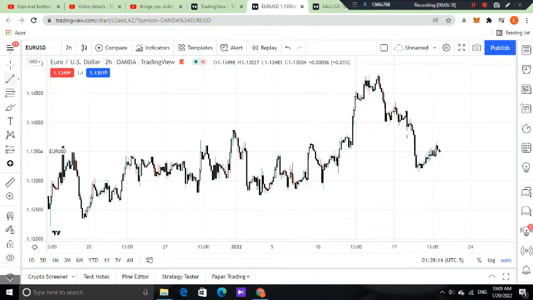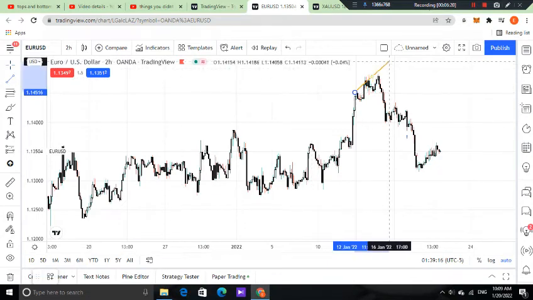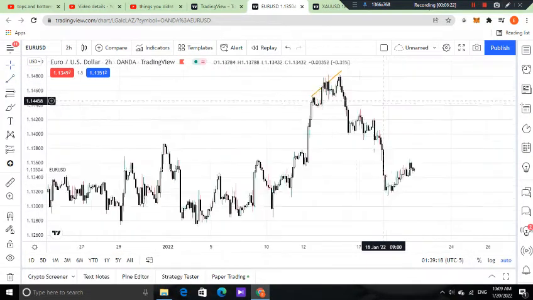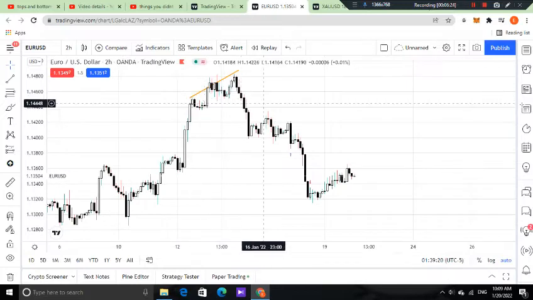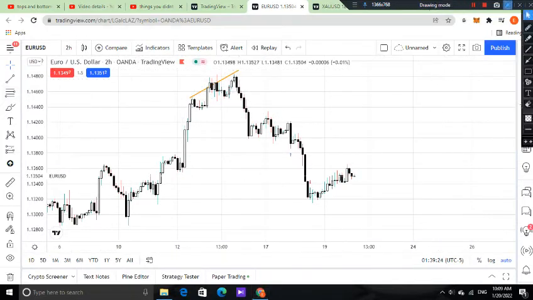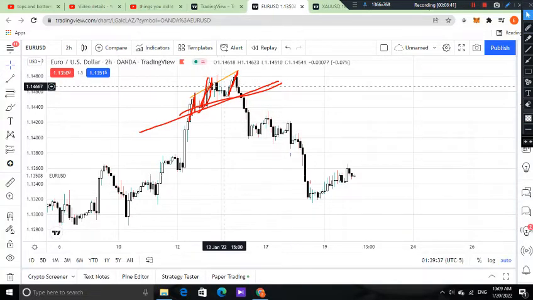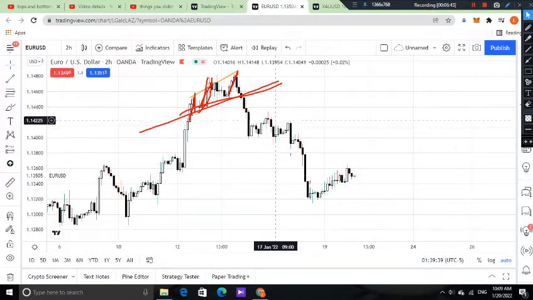Okay, look at this. Here we have one that doesn't need to be perfect, but the point is we need 3 pushes up in this wedge top, and after that you see a breakout and reversal. So this one was a reversal pattern.